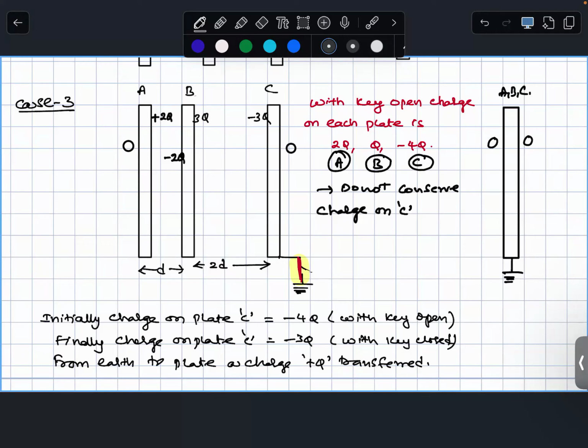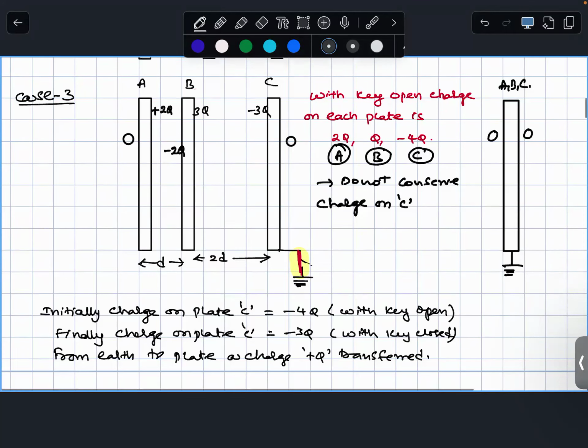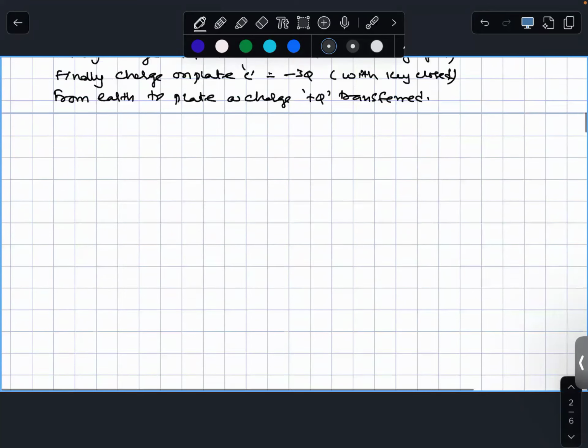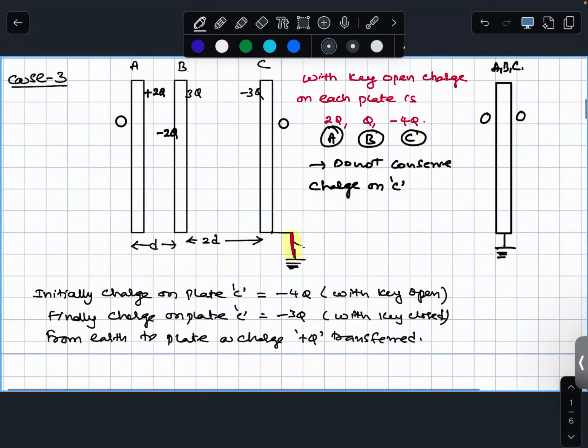But whatever it is, the reference we are taking is earth as 0 volt. Okay? Right. Any doubts? Next. Someone was keenly observing why you mentioned a distance and did not use it at all.